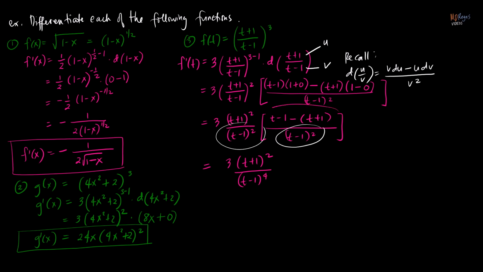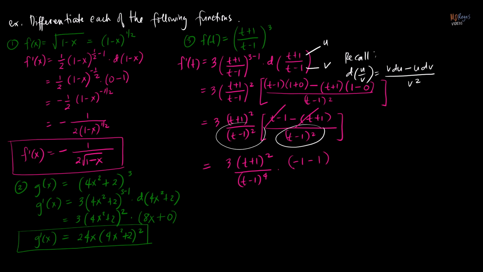And then the numerator, this part, that's t minus t over here, and then a negative 1 minus 1. So t minus t is 0, and then negative 1 minus 1. And then this part is already here.